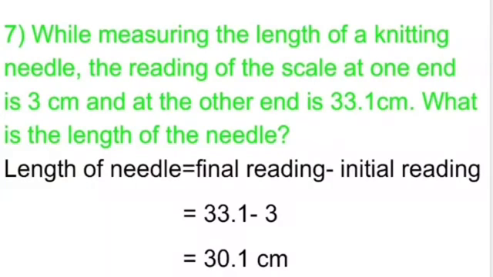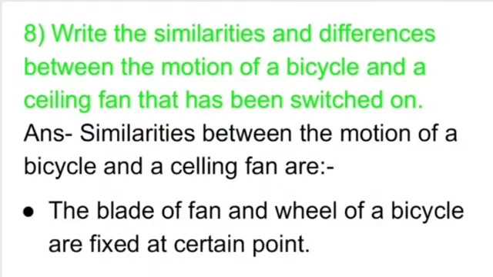So the answer is, the length of the needle is equal to final reading minus initial reading. Final reading is 33.1 centimeter and initial reading is 3 centimeter. So the length of the needle is 30.1 centimeter.